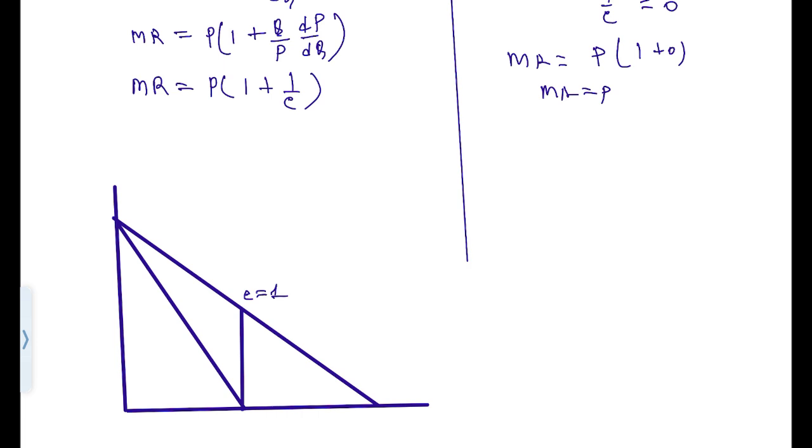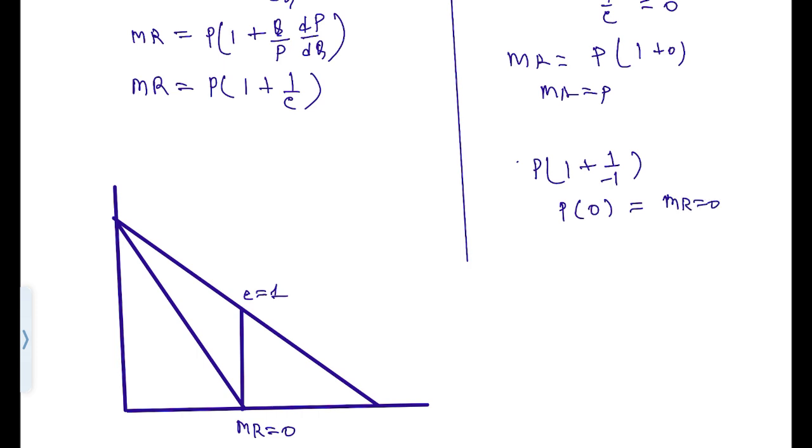Similarly, if you put the elasticity of demand as negative 1, the term becomes P times one plus one minus 1, which turns out to be 0. So our marginal revenue becomes equal to 0.